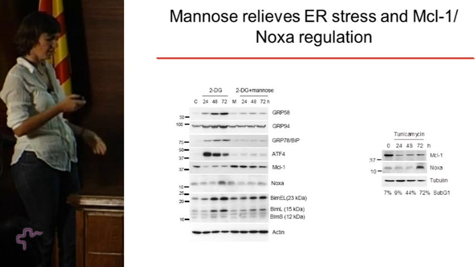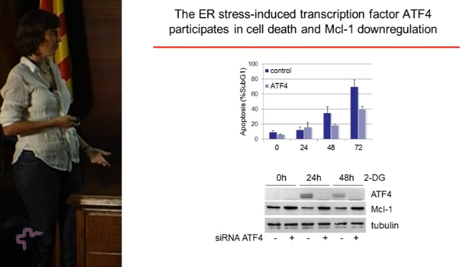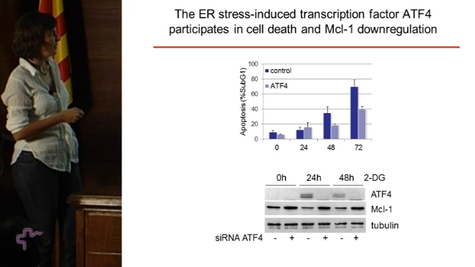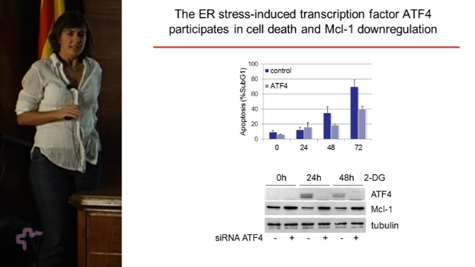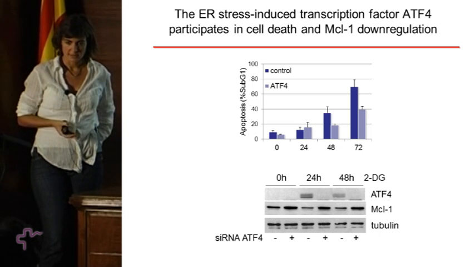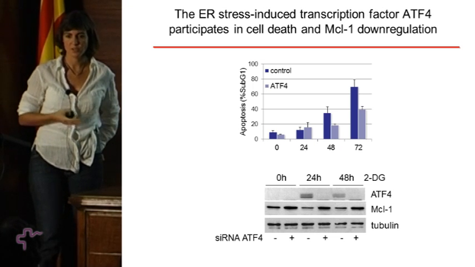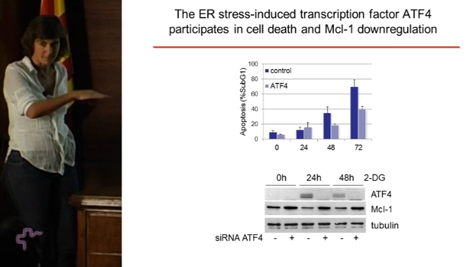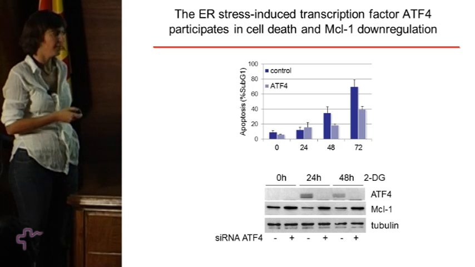But the PERK eIF2 pathway is engaged when there are problems with glycosylation, and one of the first proteins that is induced is the transcription factor ATF4. This transcription factor has been shown to induce NOXA. So we thought, we knock it down, NOXA is not induced, cells don't die, and this is the pathway. And we knocked it down, and we prevented cell death, indeed.